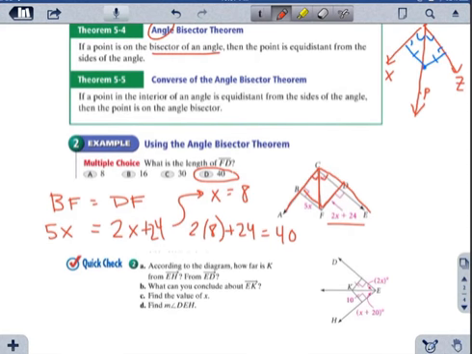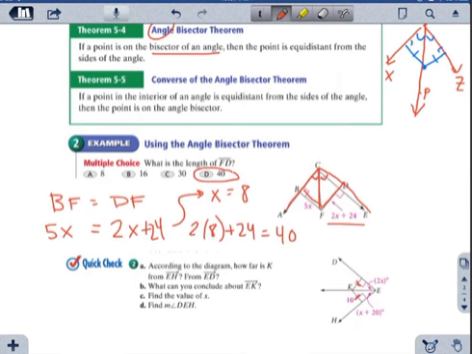Down below here, we'll actually use what's called the converse of the angle bisector theorem. This is essentially working backwards. If we know that we have a point K in this diagram that is equidistant from both sides of the angle, we know that because we have the 2 tick marks here. One side is 10 and the other side is also 10. Then we know that K is on the angle bisector.